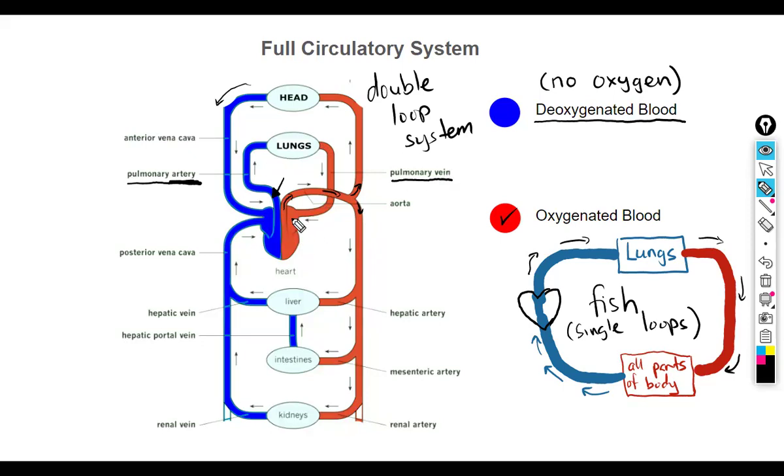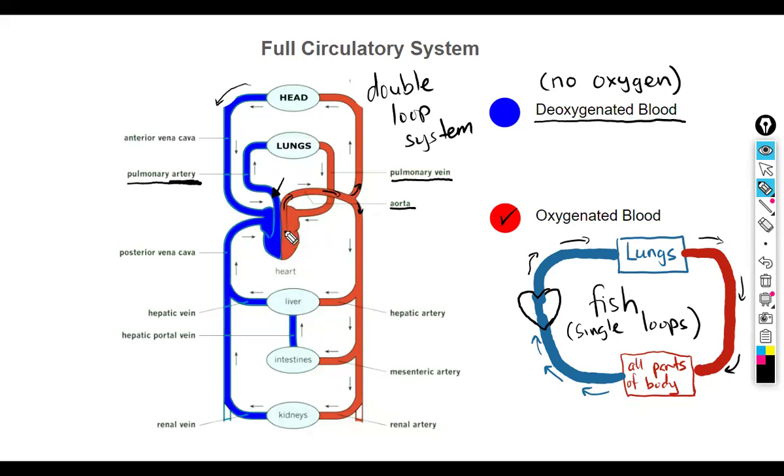And then, once the oxygenated blood reaches the heart, it gets re-pumped out. Notice it's leaving, and that is called the aorta. What do you think the aorta is? Do you think the aorta is an artery or a vein? Notice the blood is leaving through the aorta.